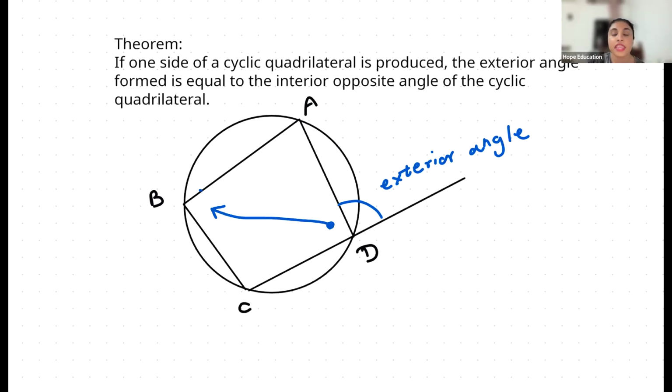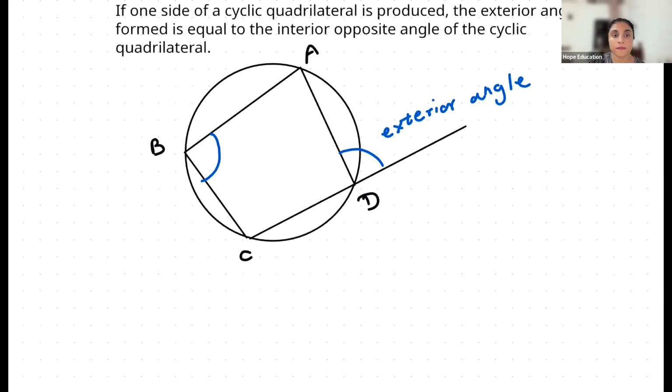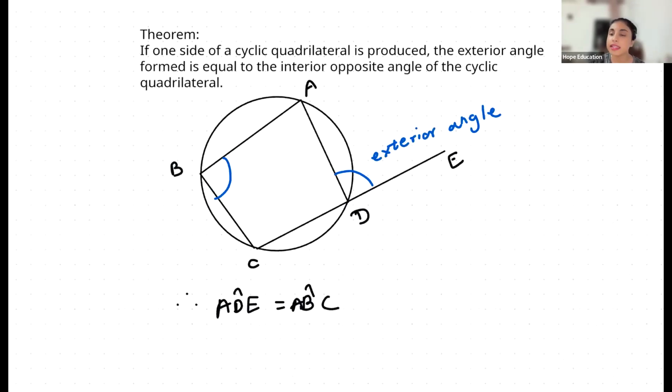That is this. This is the exterior angle, and it equals the interior opposite angle. Let me call this E. ADE equals ABC.